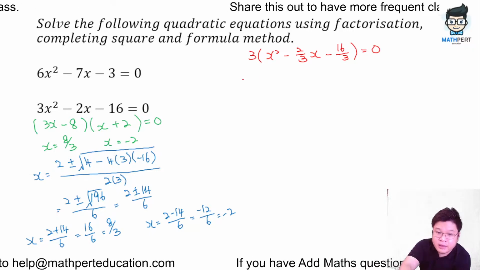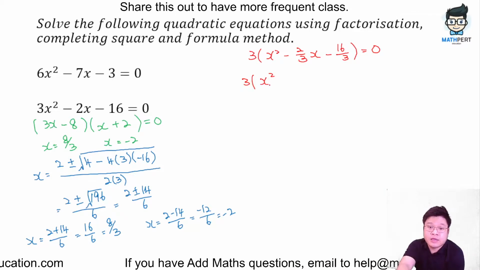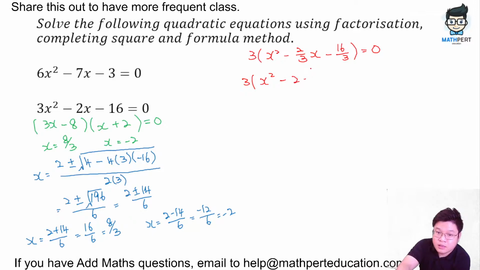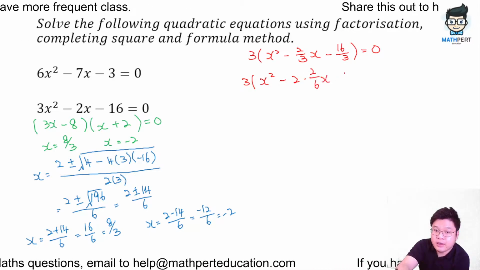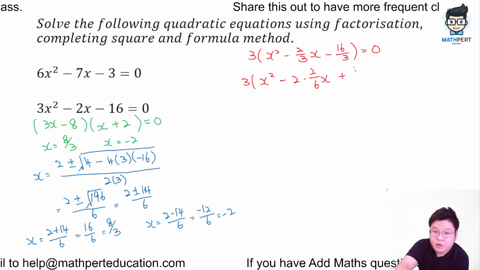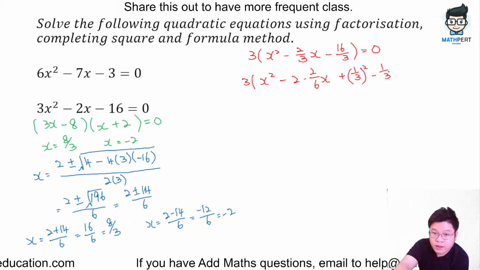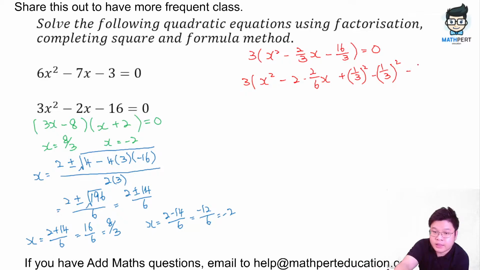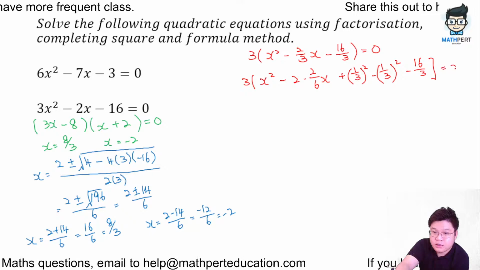Okay, and then for x squared we need to form the b square, isn't it? The a square is here. Minus 2 times 2 out of 6 x, plus 2 out of 6 is 1/3, right? 1/3 square minus 1/3 square, and then minus 16 out of 3 equals 0.